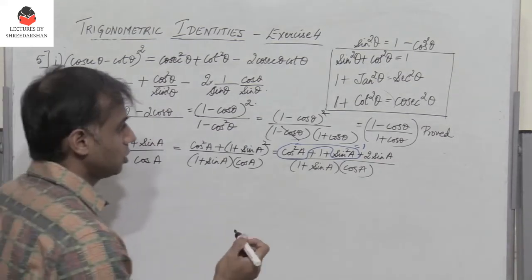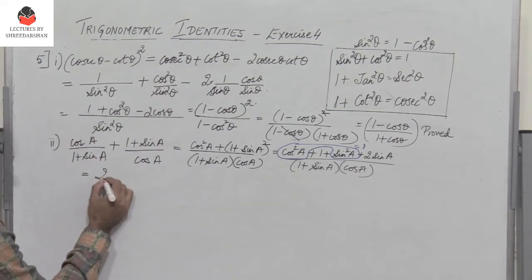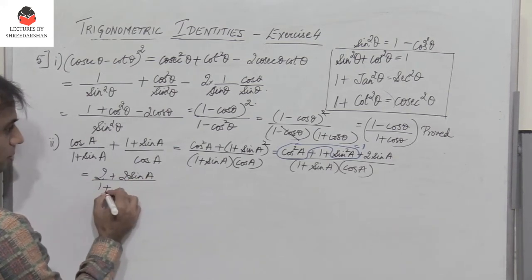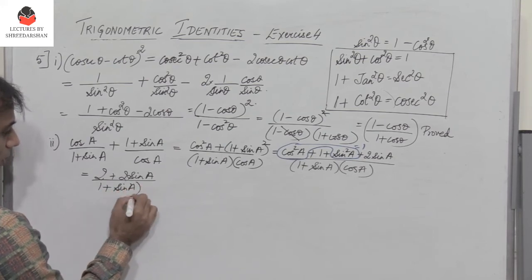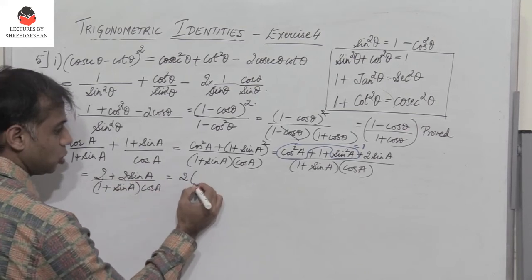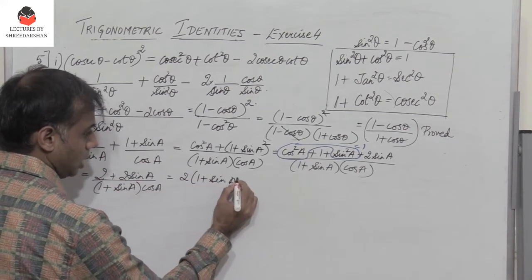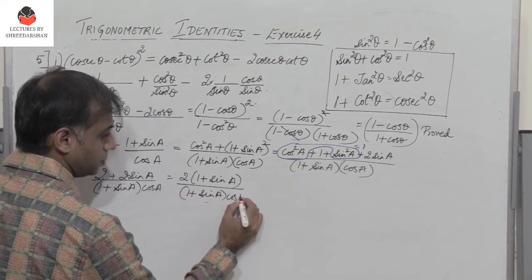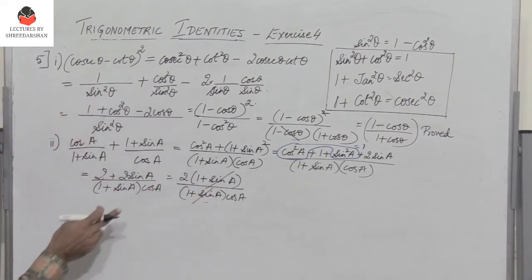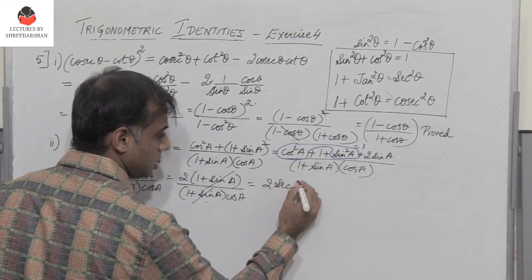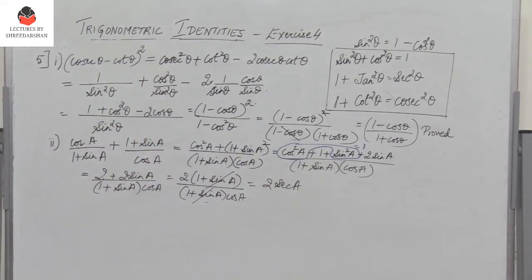Therefore we have (2 plus 2 sine A) divided by (1 plus sine A) into cos A. I can take 2 common from the numerator, and I get 2 times (1 plus sine A) divided by (1 plus sine A) into cos A. The (1 plus sine A) terms get cancelled. So 2, I bring cos to the denominator, and you get 2 secant A. This is what we had to prove, that this is equal to 2 secant A, and we have done it.